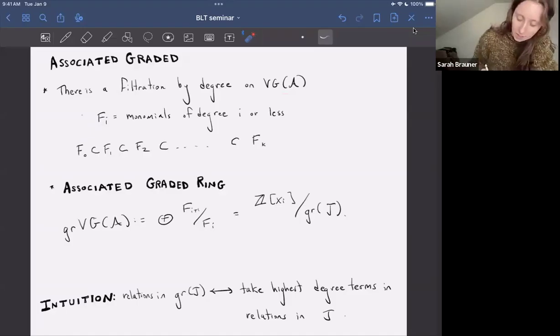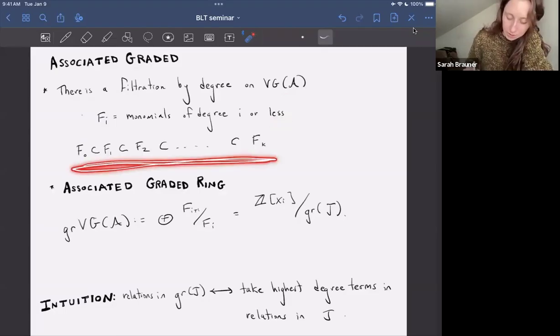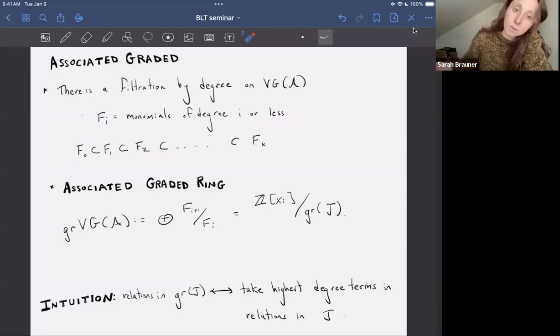If I let Fi be the monomials of degree i or less in those Zij generators, then I get an ascending filtration. You should think of Fi plus 1 as having monomials of degree i plus 1 or less, so it definitely contains Fi. And the associated graded formally is a direct sum of these quotients.